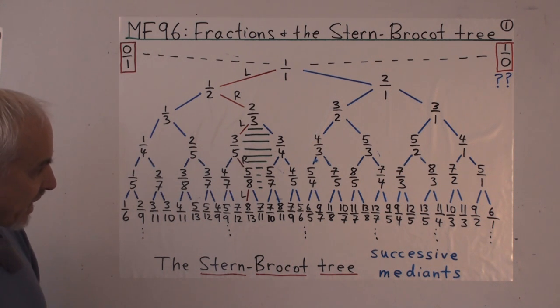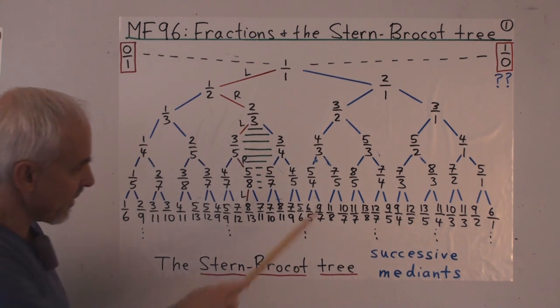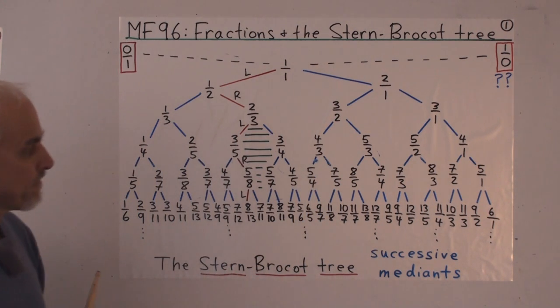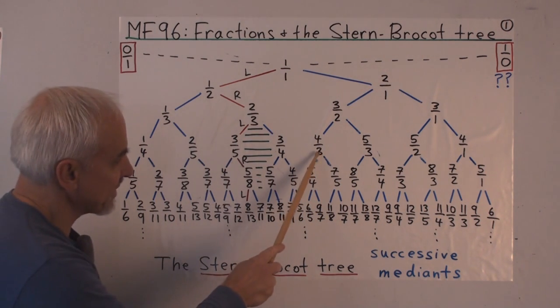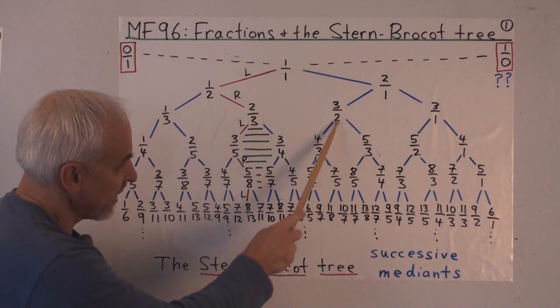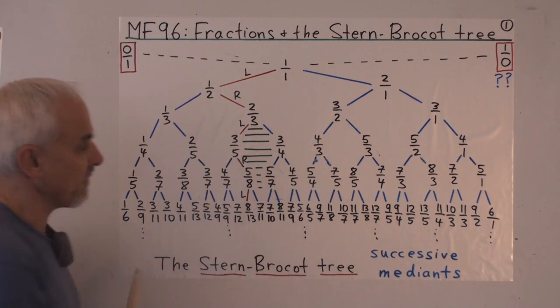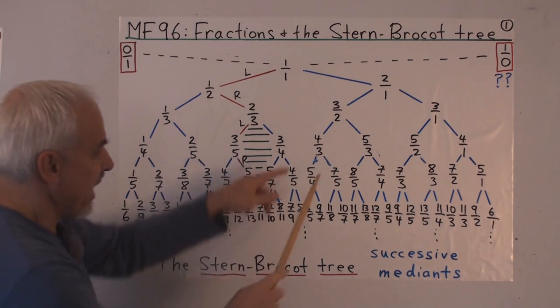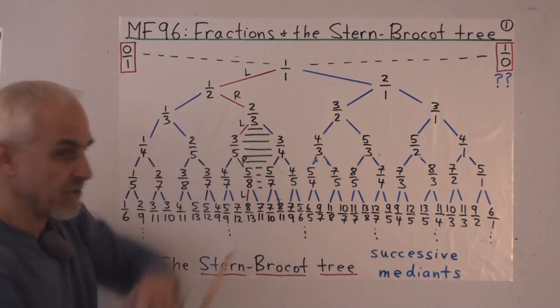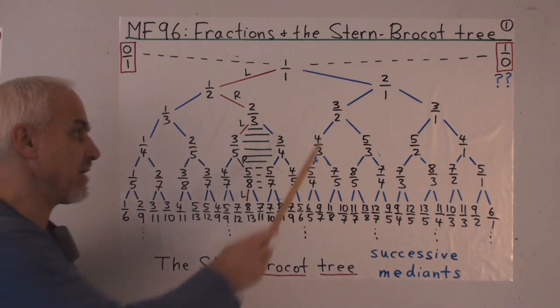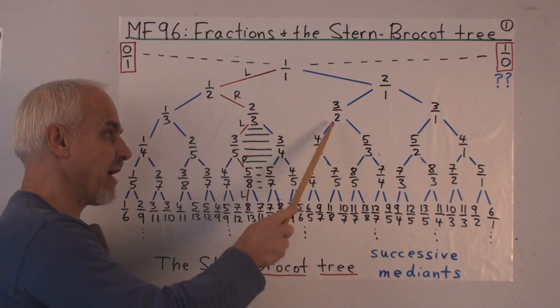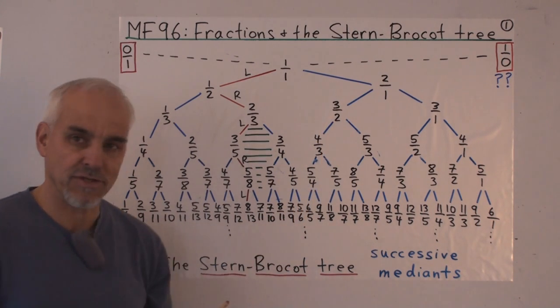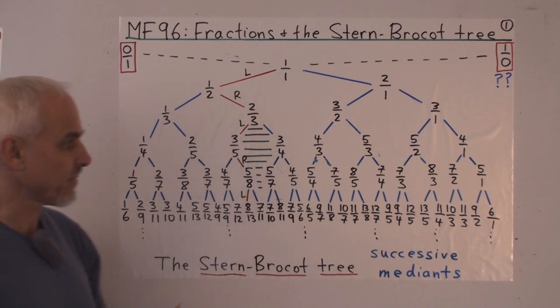And just to give you an idea of that, for example, where does this 7/5 come from? Well, the 7/5 is a little bit to the right of 4/3 and it's a little bit to the left of 3/2. And if you take the mediant between these two fractions, and I remind you that means you add the numerators and you add the denominators, then you get 7/5.